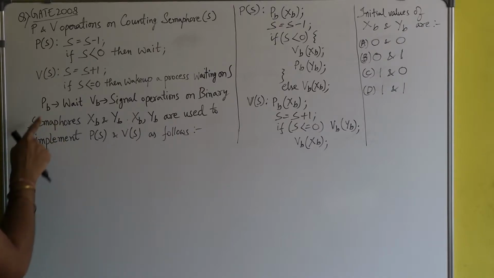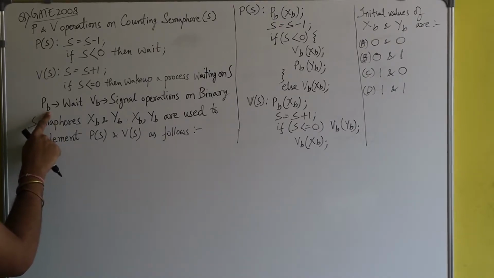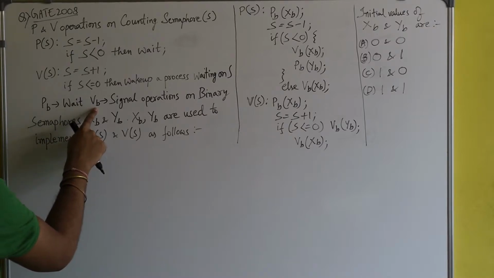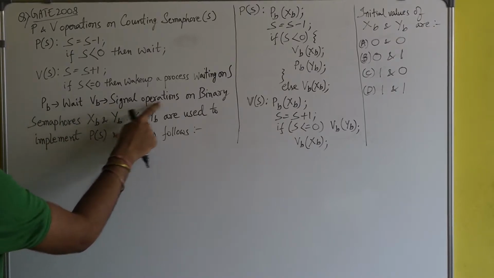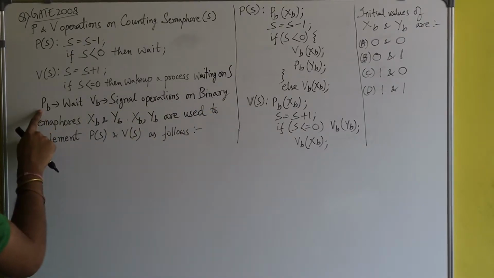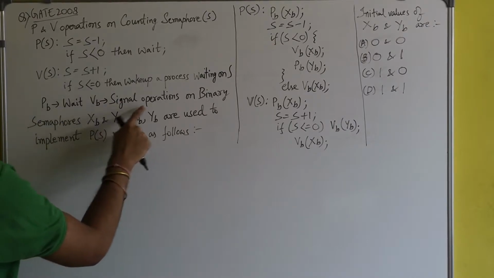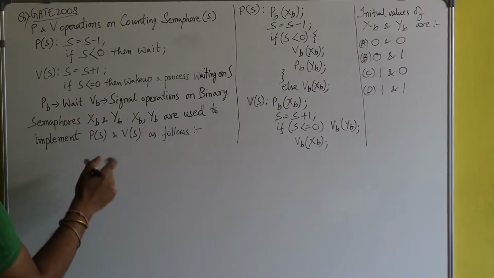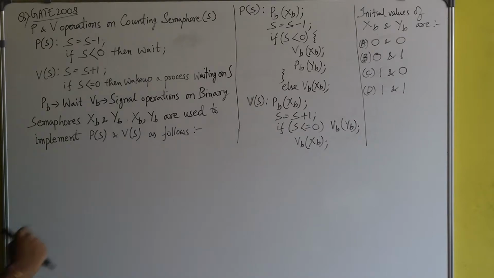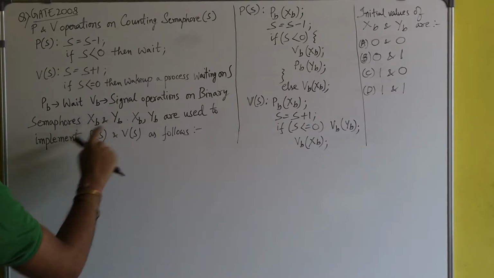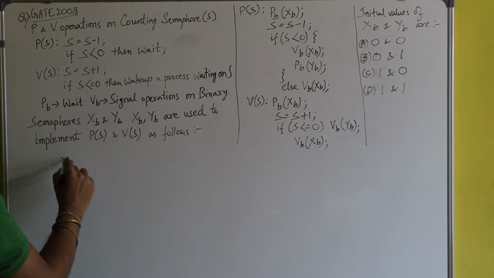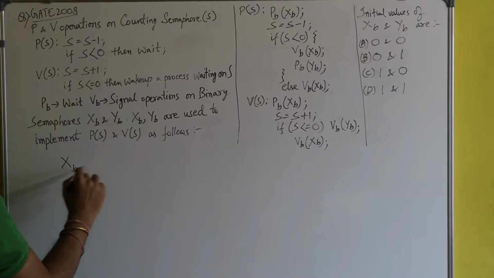And here you see P subscript B is wait, and V subscript B is signal operations on binary semaphore. PB and VB are wait and signal operations on binary semaphore. And what are the binary semaphores? XB and YB are the binary semaphores.